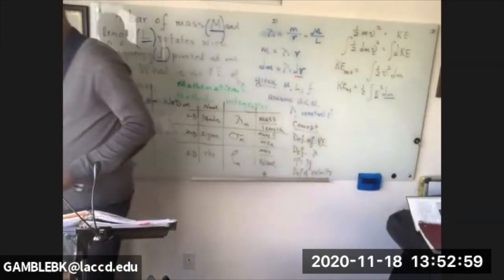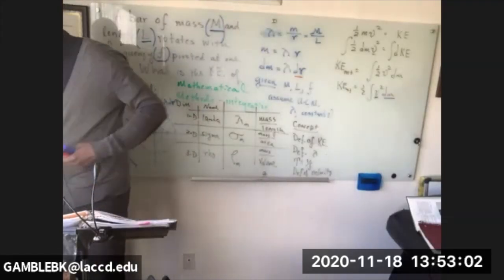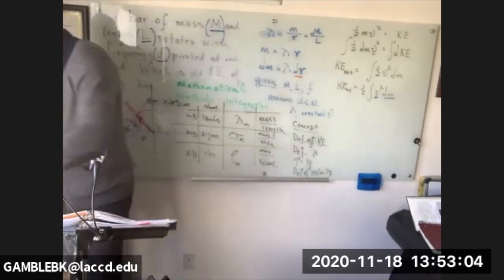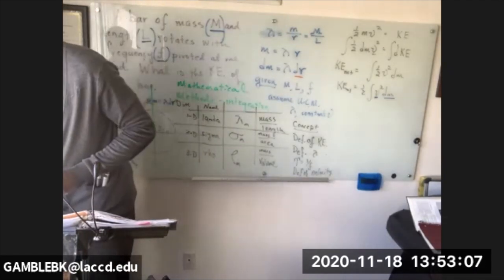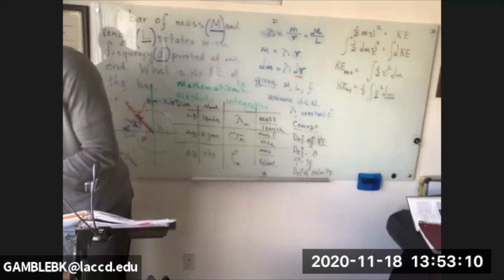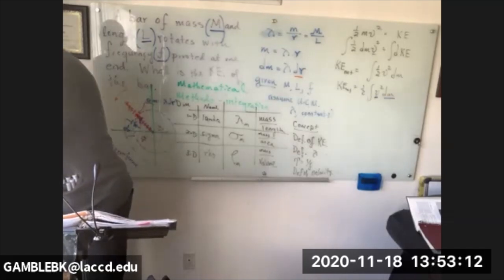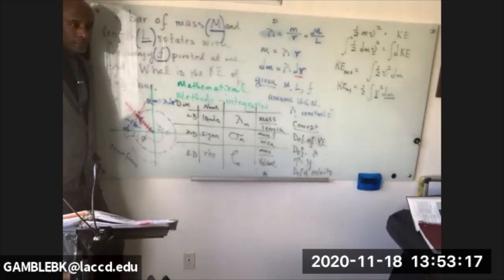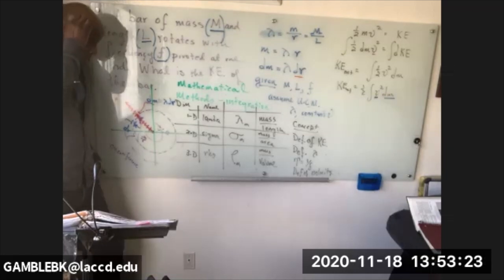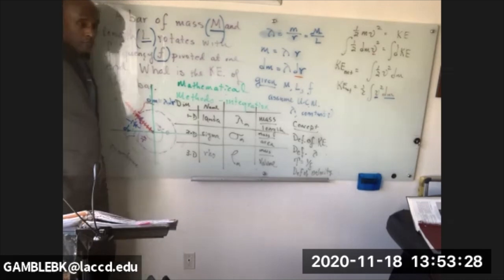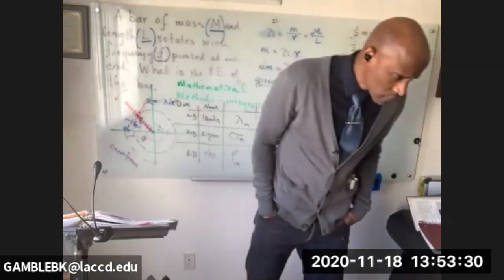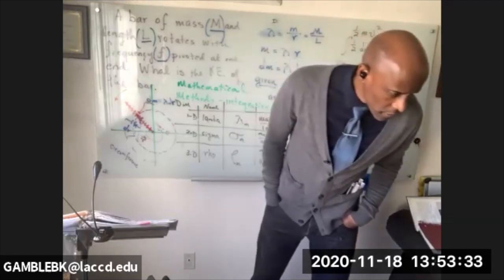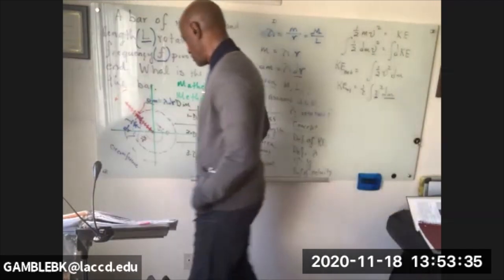So what relationship could I use for this? I want to get a relationship between R and V. Between R and V. Got it. Dami? Yeah, the circumference. Good job, Dami.